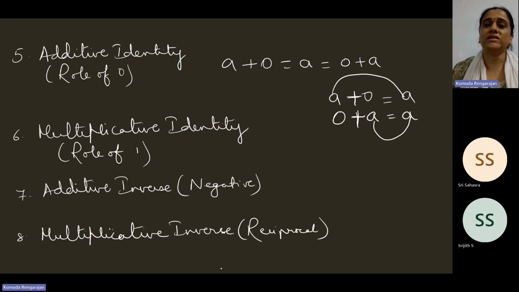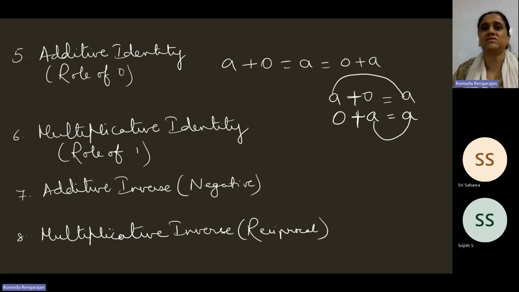So 0 is called the additive identity of rational numbers, because when you add 0 to a rational number or when a rational number is added to 0, the answer or the result is the rational number itself. When do you use this word identity?